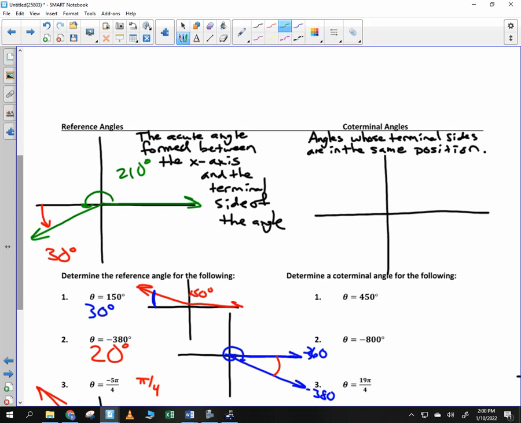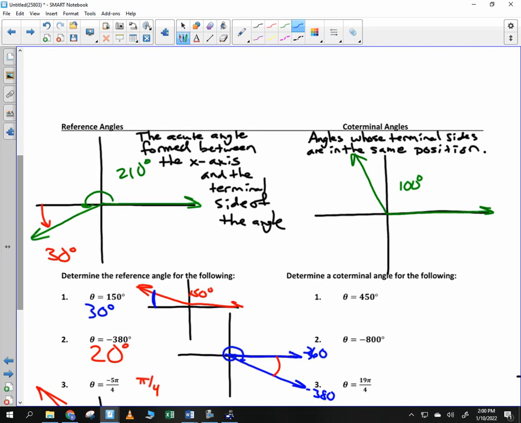So, for example, anybody give me an angle like that? Give me a measure. What does that look like approximately? 100? Okay. Well, 100 degrees.